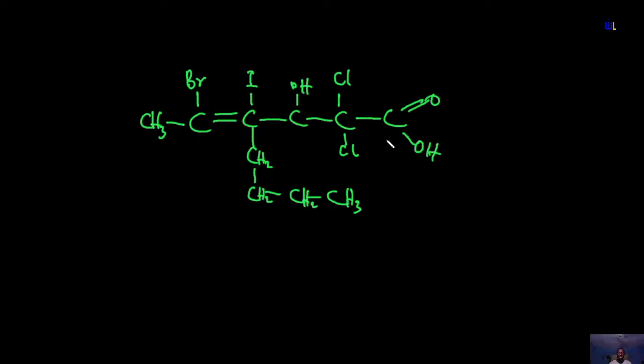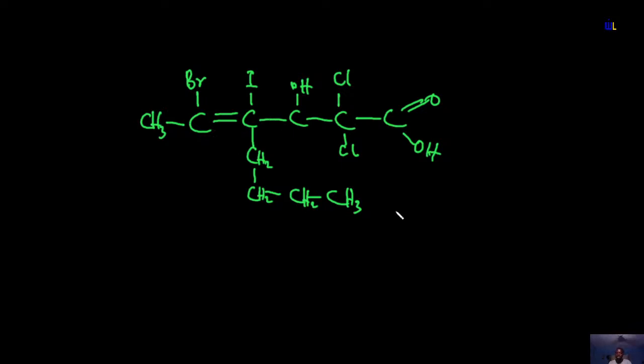Okay, let's put the name together. First of all is my parent chain. I have to circle it. I could have counted these ones, but you notice that there are more functional groups like this. So this becomes my parent chain. If I count like this, is the longest, yes. However, we said that when counting, you should count the longest chain that has the most number of functional groups.